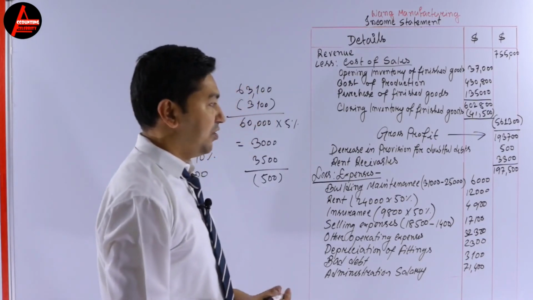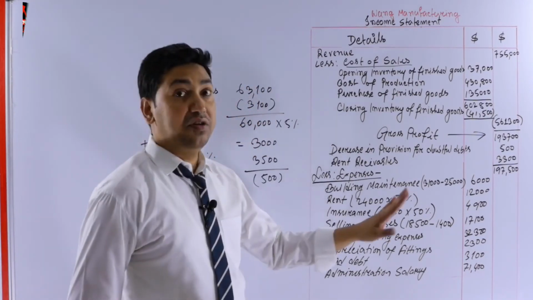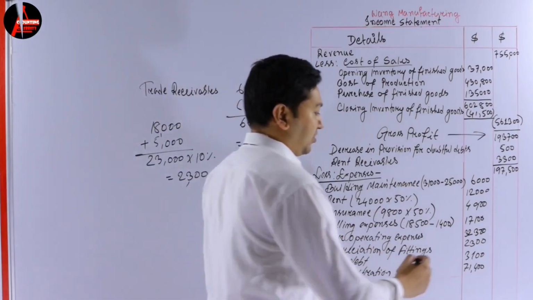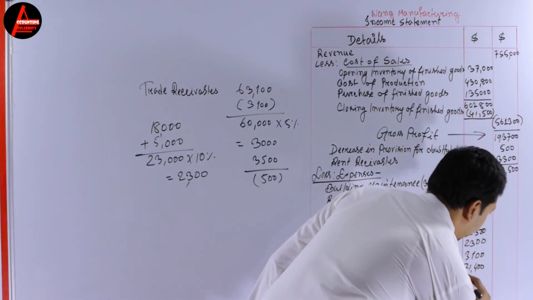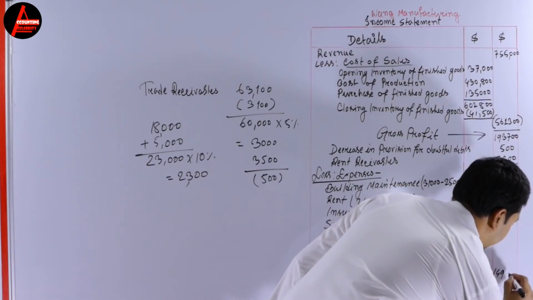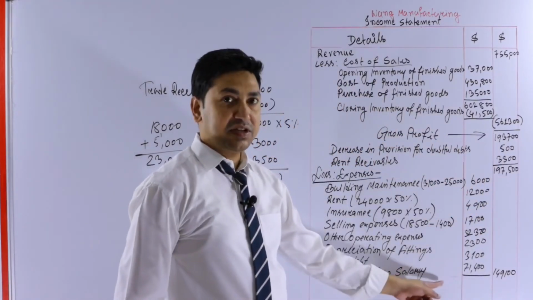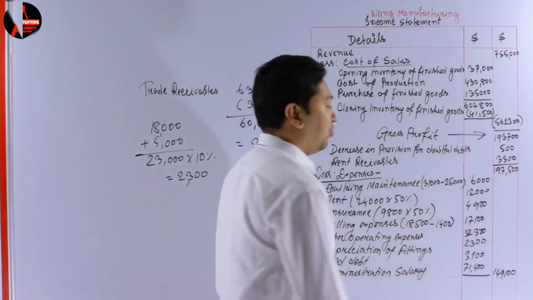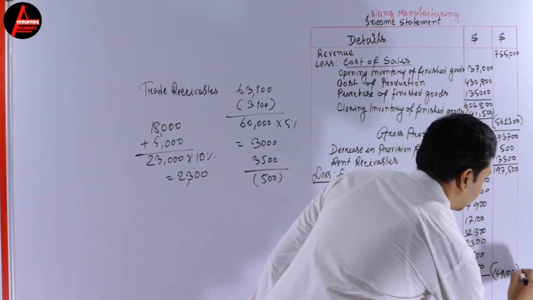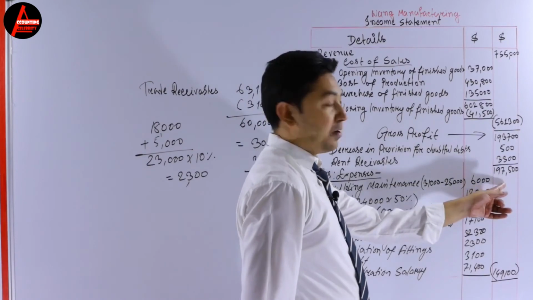Okay, so we wrote all the items here. Now we need to calculate. If we add all of these, what is your answer? It is $149,100, the addition of all these expenses. Now we subtract these expenses from this gross profit plus incomes.